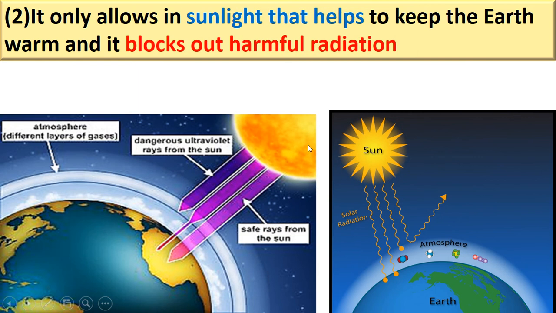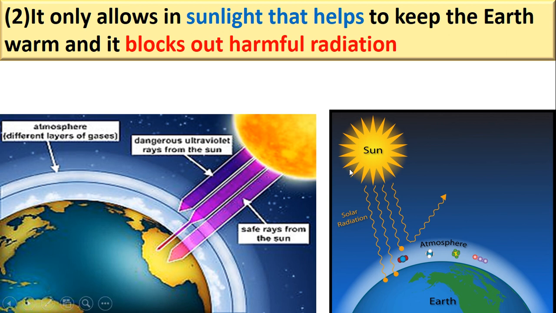There are two types of sunlight. There is a good sunlight that helps to keep the earth warm and keep us warm. And there is a bad and harmful sunlight which is harmful for the earth and harmful for us.